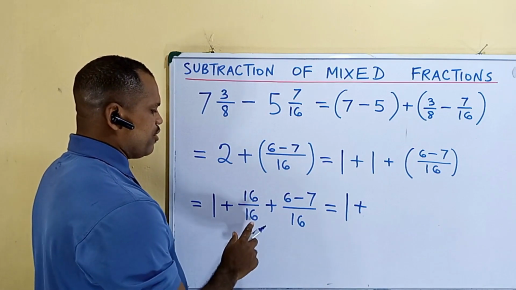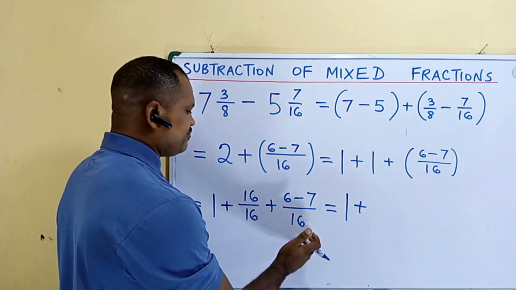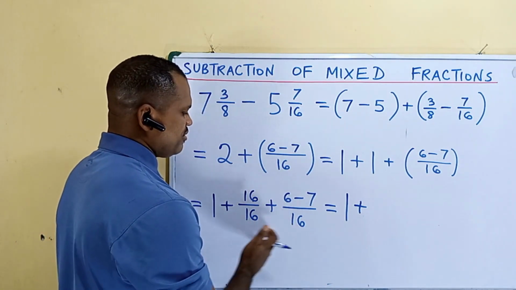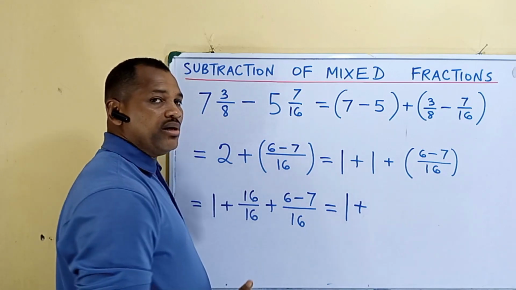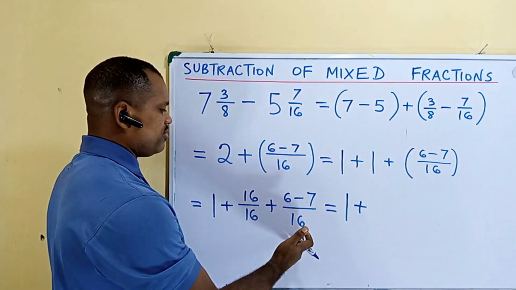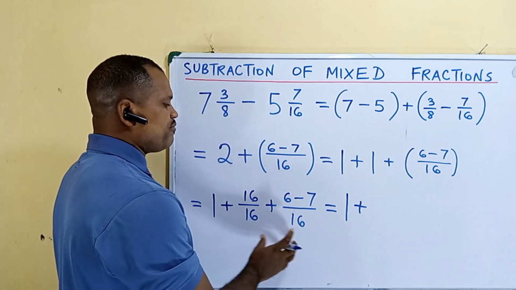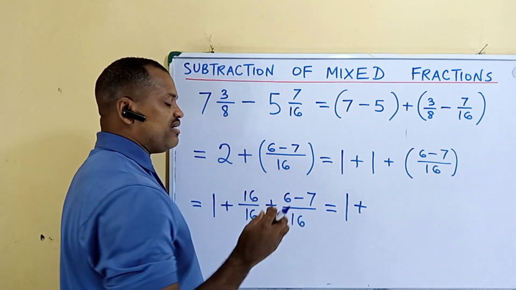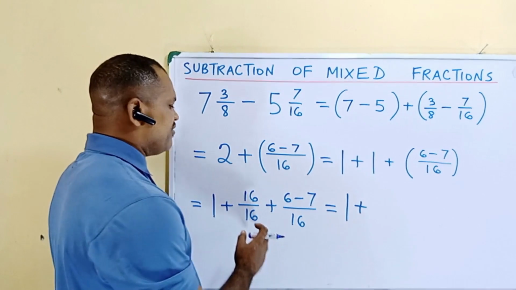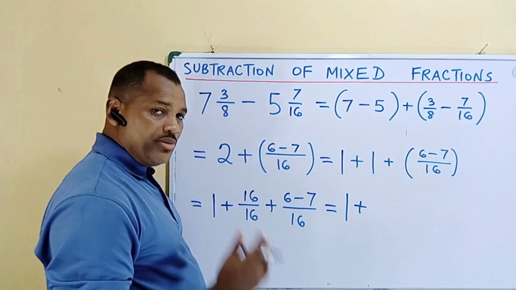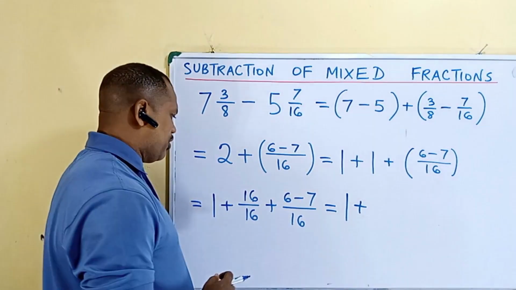now that you see that now they have the same bottom number, denominator. They are now like fractions. Like fractions have the same denominator or bottom number.